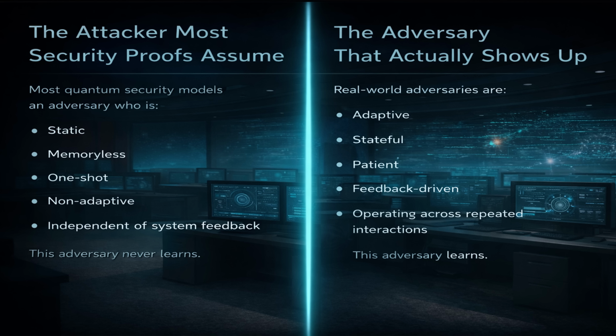Real attackers are adaptive, stateful, and patient. They operate across repeated interactions, observe system responses, and adjust their strategy based on feedback. They don't need to break the system in a single execution. They learn it over time. And once an adversary can learn the system, static security models no longer apply.